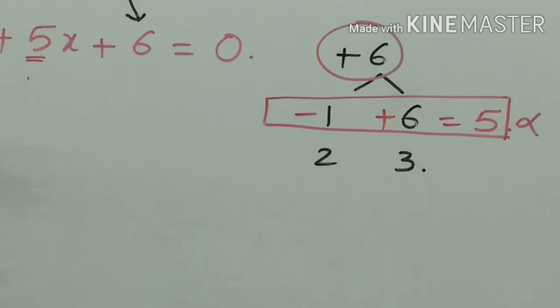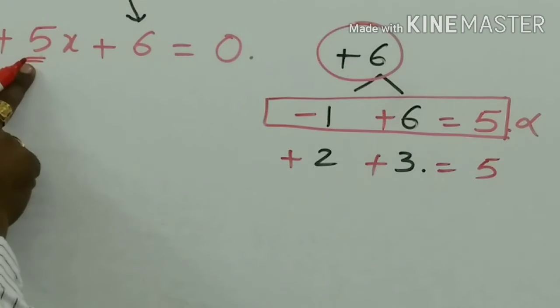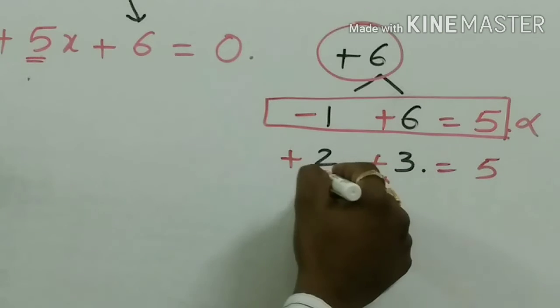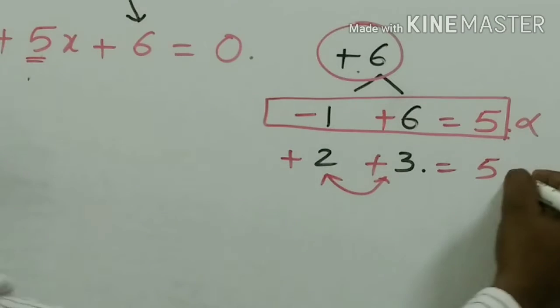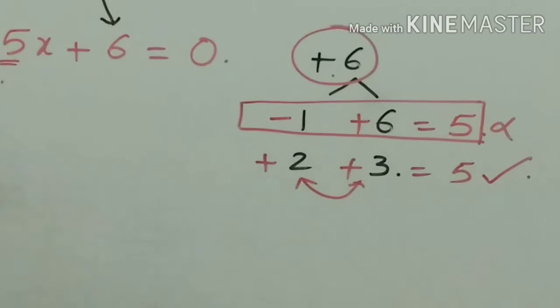Second one. Okay, plus 5 is there. If I write plus 2 plus 3, plus 2 plus 3 will become plus 5. Okay, now multiply: plus into plus, plus 2 threes are 6. Yes, this is the correct factor. What is the correct factor? Plus 2 plus 3.